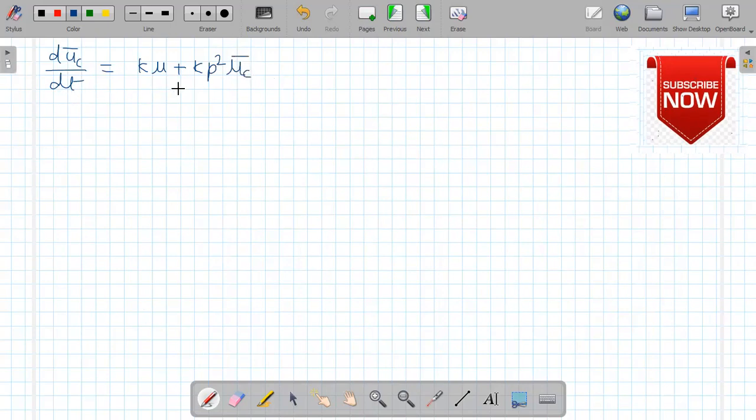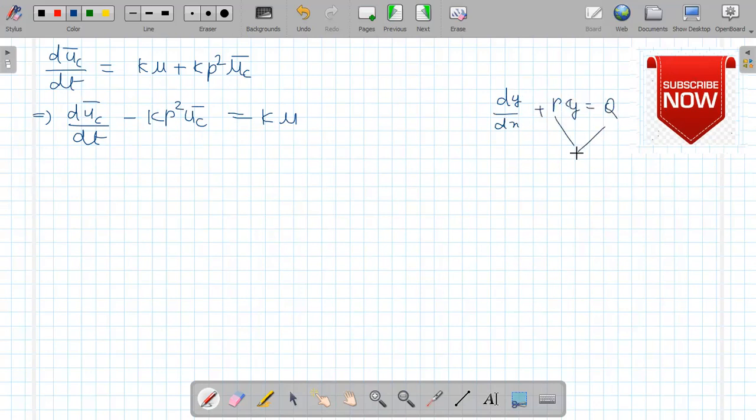So we have this differential equation which you arrange, you will get duc bar over dt minus kp square uc bar equals k mu. So this is a linear differential equation type whose general form is dy over dx plus py is equal to q, where p and q are functions of x.